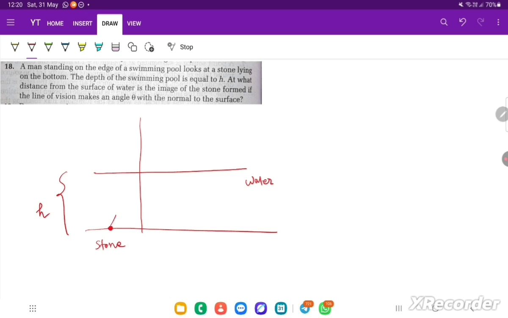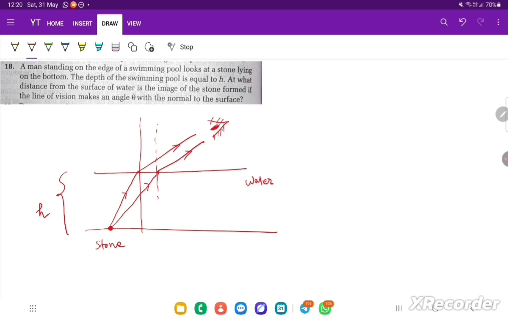So let's say this is one ray that is reaching our eye, and there is another ray something like this. So I'm drawing another normal at this point of incidence.